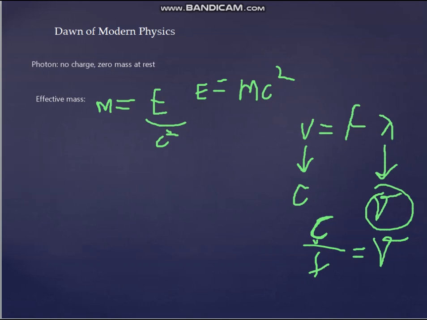So M, which is the effective mass, will be equal to the energy divided by C and lambda. And you might want to square these terms, so c squared and lambda squared.